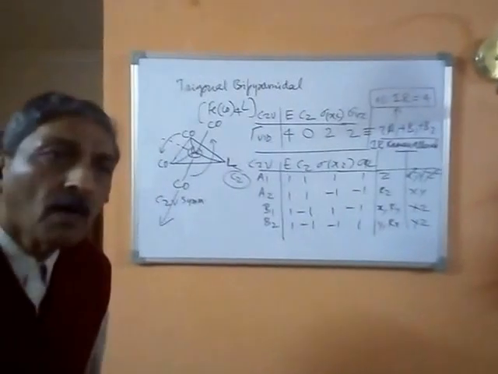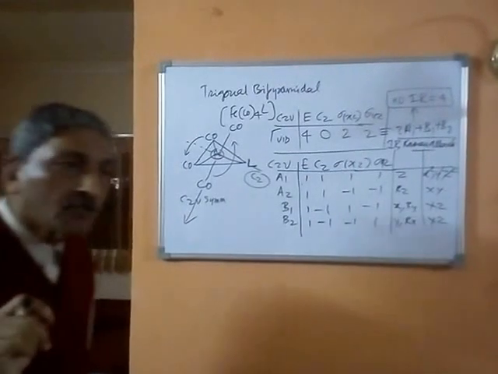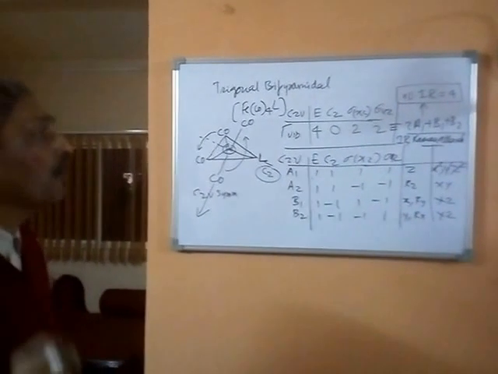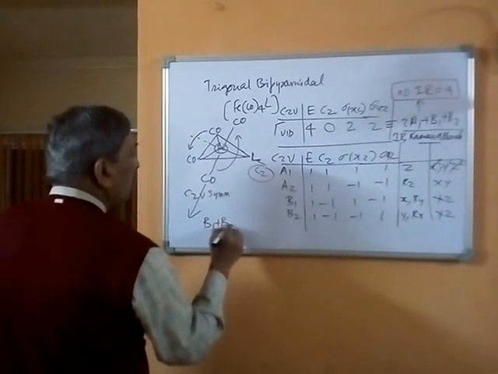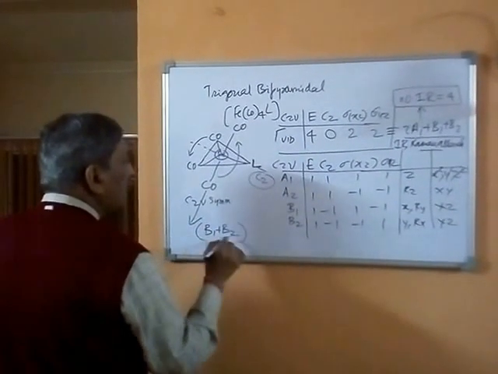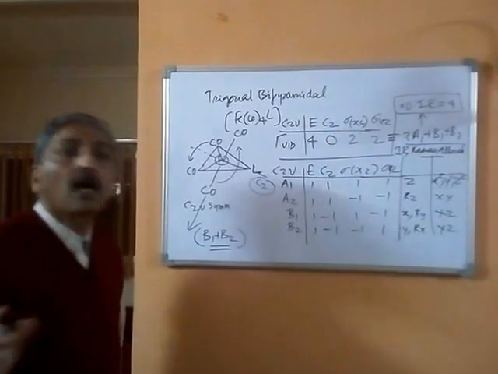Now, the final part of the question that was asked was that if you have a combination band B1 plus B2, we want to know whether this combination band B1 plus B2 is allowed or not.